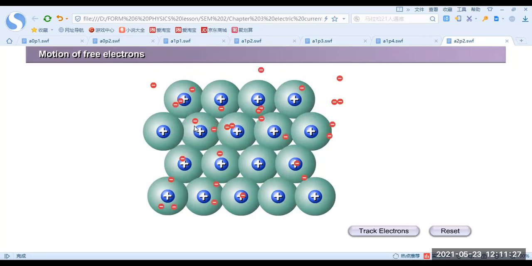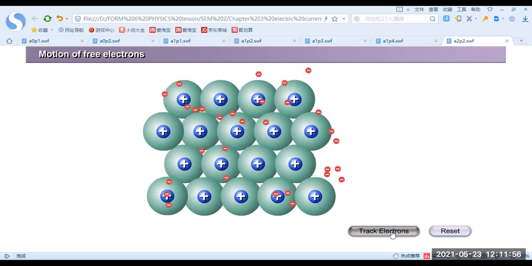Once the charge moves, it will produce electricity. That is why current flows most easily in a metal. The reason is the free electrons that move freely and randomly.